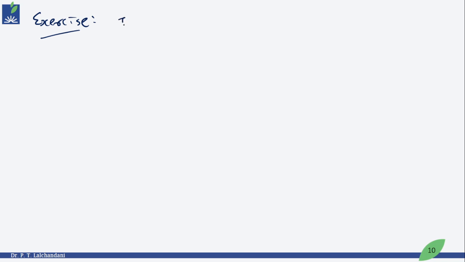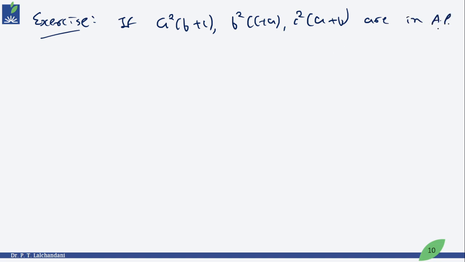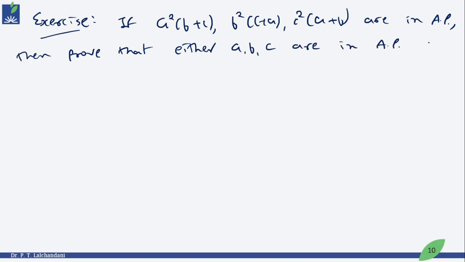We are given that if a square into b plus c, b square into c plus a, c square into a plus b are in arithmetic progression, then prove that either a, b, c are in arithmetic progression, or ab plus bc plus ca is equal to 0.